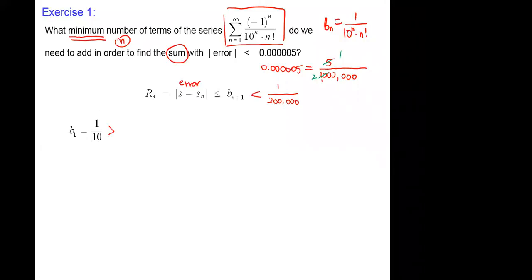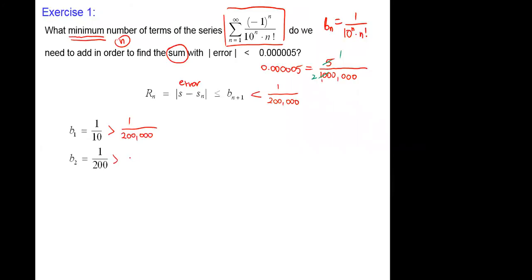This is definitely much bigger, because if the denominator is smaller, the whole fraction is bigger. This doesn't work. B sub 2 is 1 over 200, because it's 10 to the power of 2 times 2 factorial, which is 2 times 100, 200.